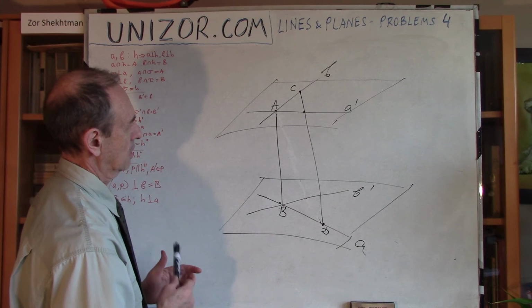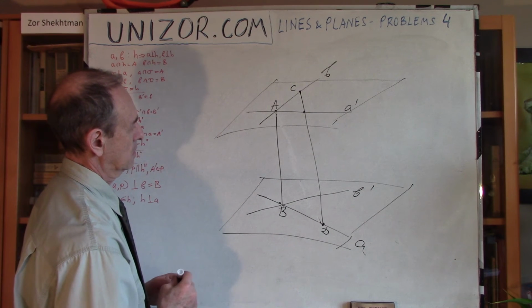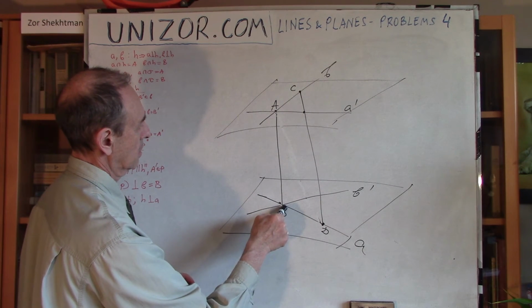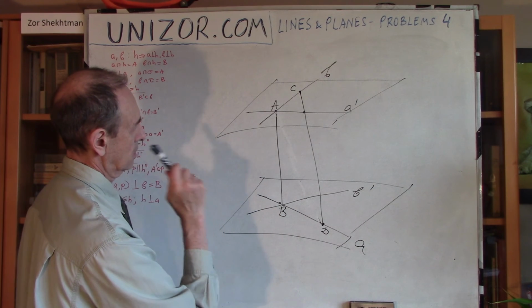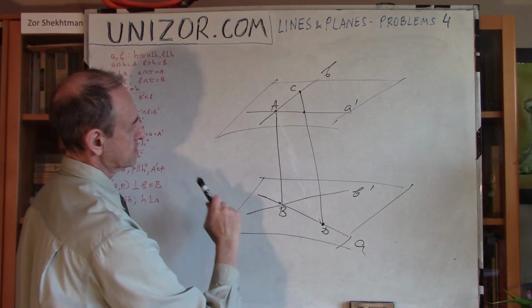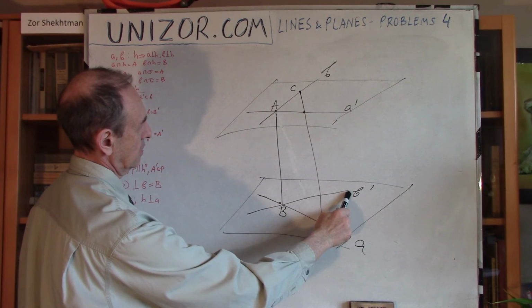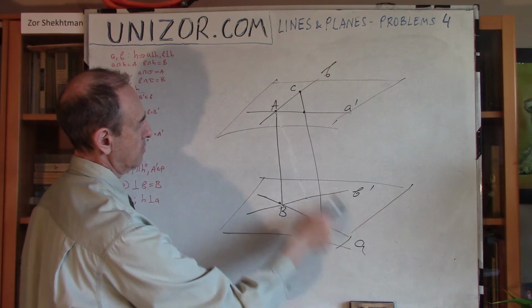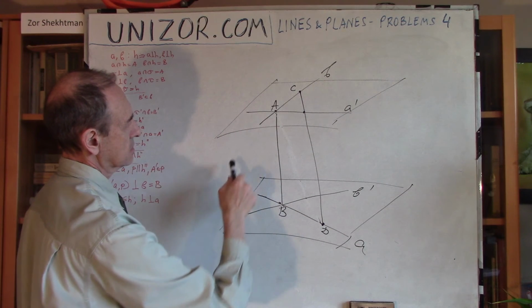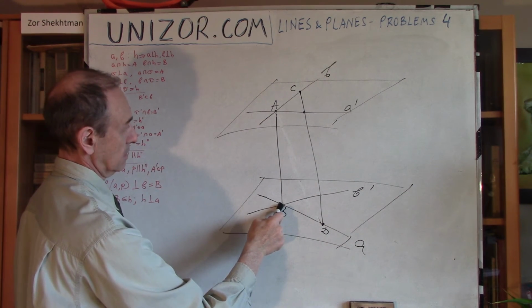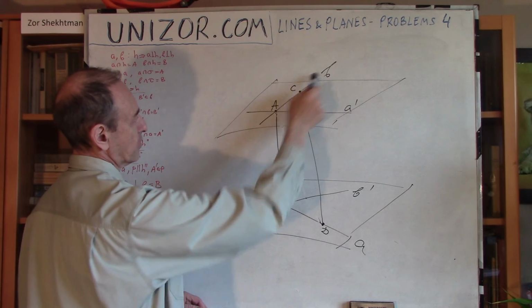So this is common perpendicular here. B is parallel to B prime, and A is parallel to A prime, which means that AB is perpendicular to an entire plane, since it's perpendicular to two lines.